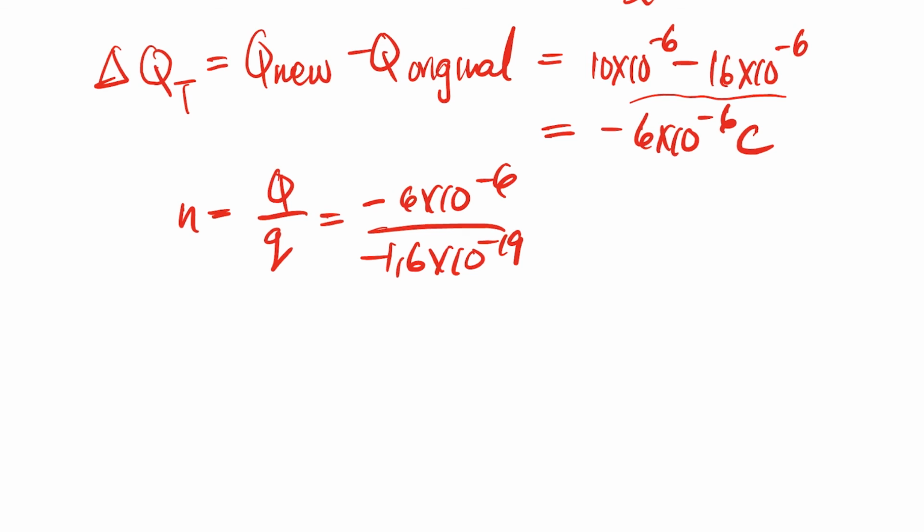It's 3.75 times 10 to the power 13 electrons, right? These are the electrons that were transferred when Q1 and Q2 touched and then separated. Hope you understand. Cheers, bye.